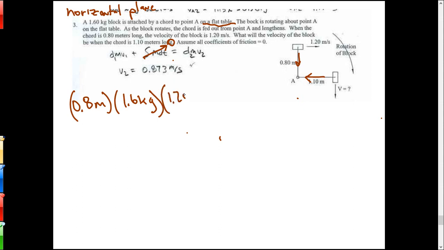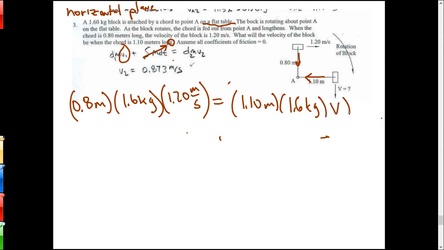And the one thing that has come up over the years on this is because it's angular momentum, people get confused on what type of velocity it is. The key to that is just to look at the letter. It's v. So that is a linear velocity, 1.2 meters per second. And then you'll equate that to 1.1 meters, 1.6 kilograms, and the unknown velocity there.